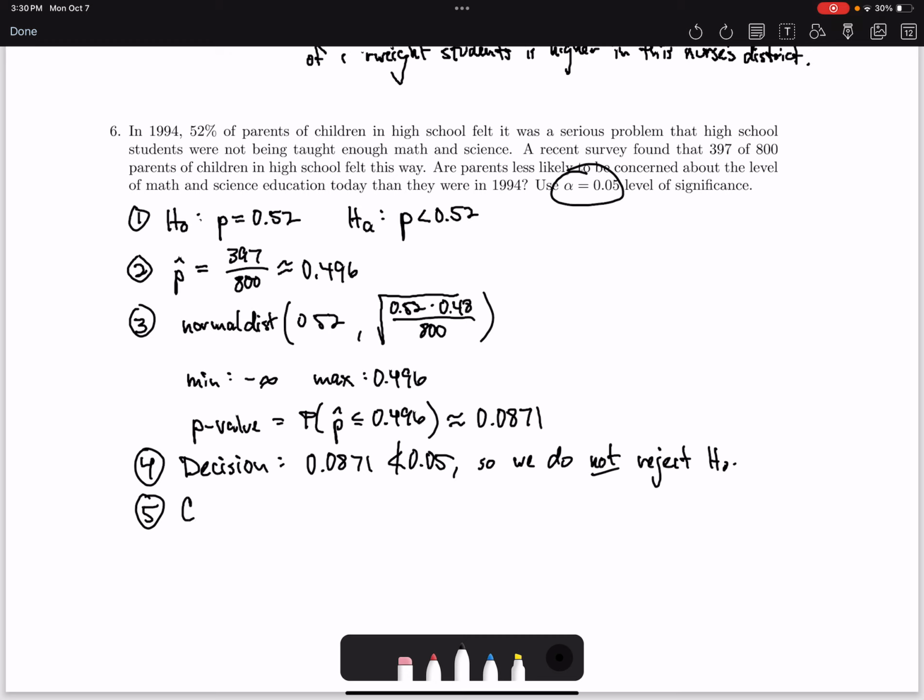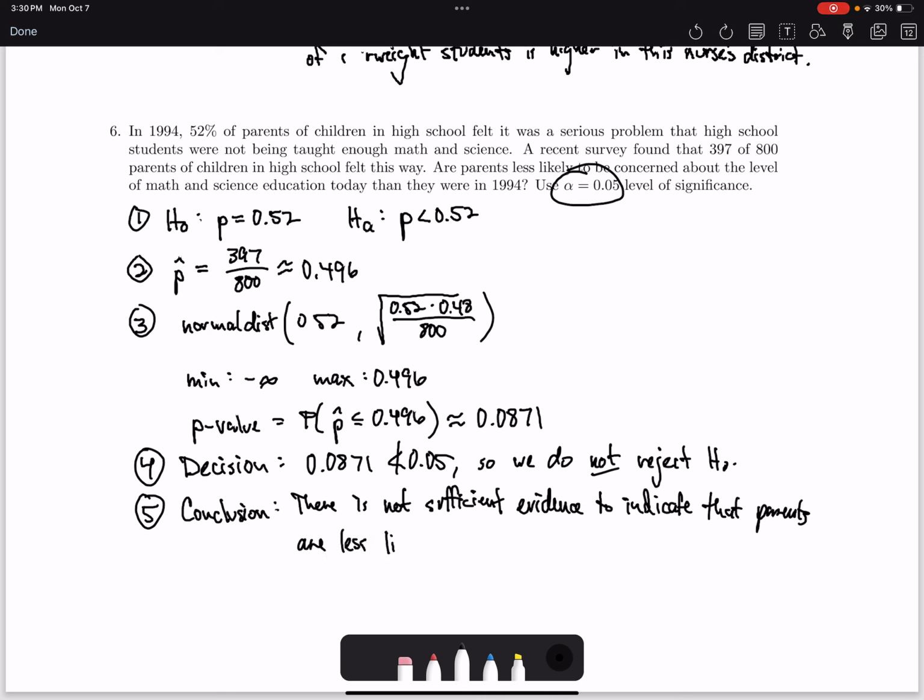So in conclusion, we would say there is not sufficient evidence to indicate that parents are less likely to be concerned about the level of math and science education.